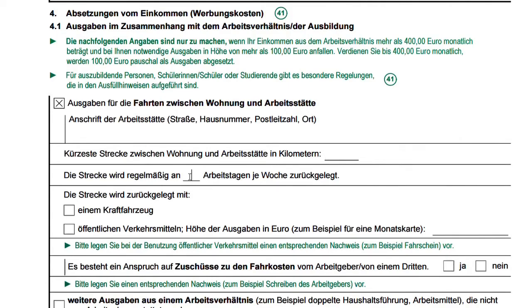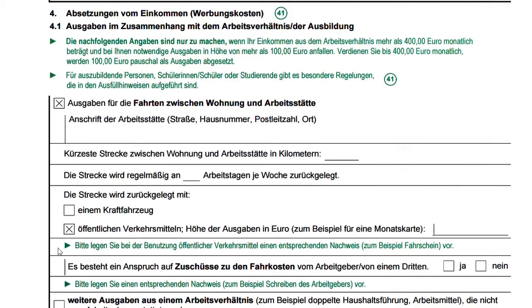Here you write how often in the week he or she travels to work. If he or she goes to work with a car, you mark here with a cross. And if he or she uses public transportation, you mark here with a cross. And here you write the amount of the expenditure he or she has per month, for example, for the monthly ticket of the public transportation.